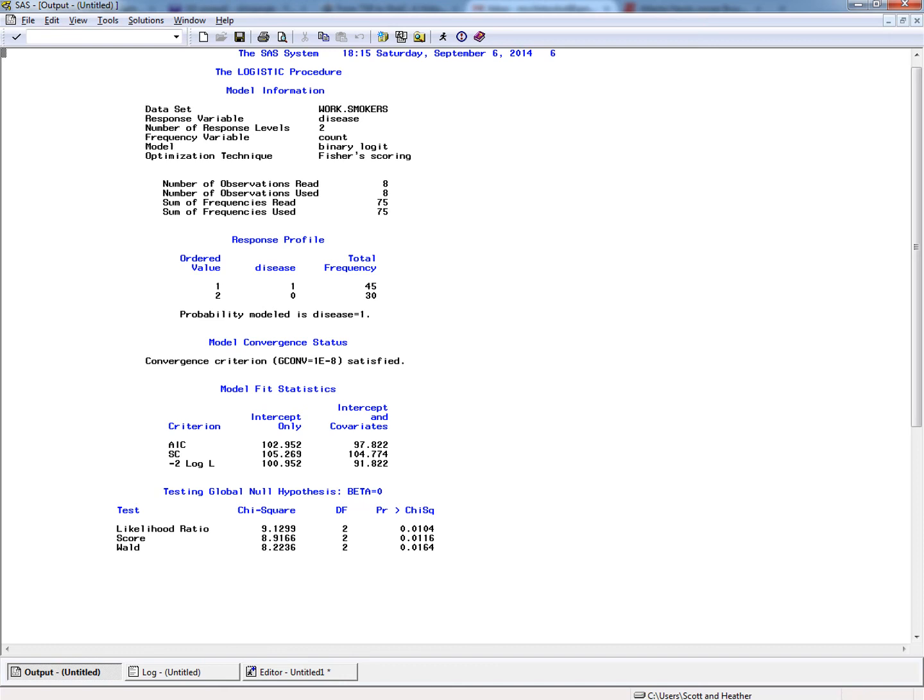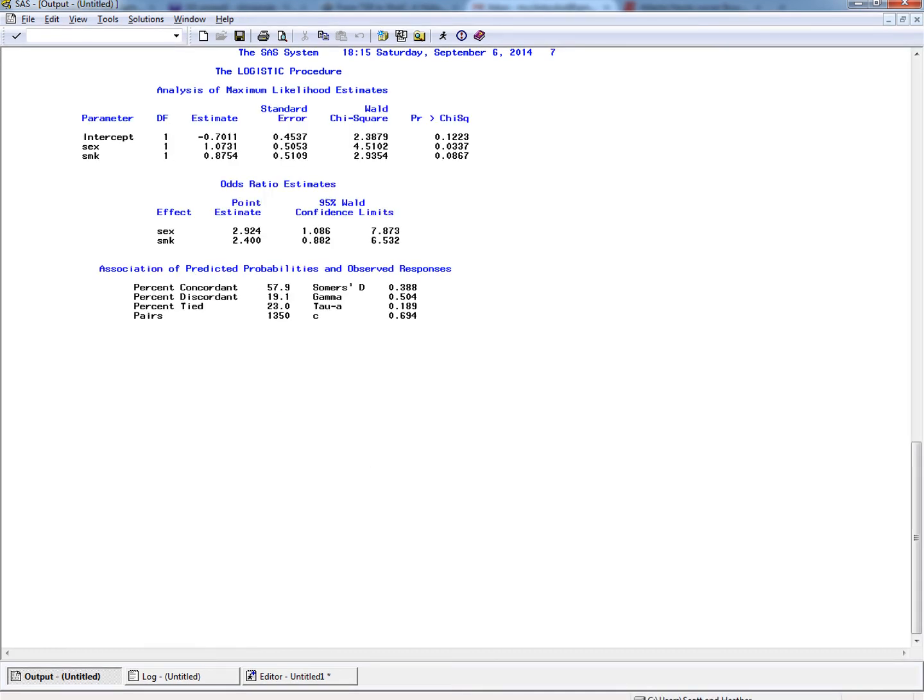Going back to our output, if you go down to the very bottom, it says C, and then you see 0.694. So that's our area under the curve. Pretty cool, right?